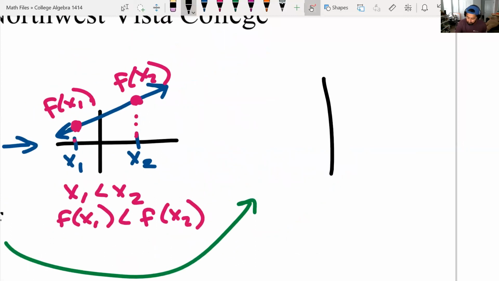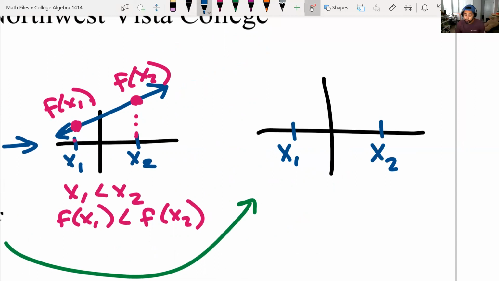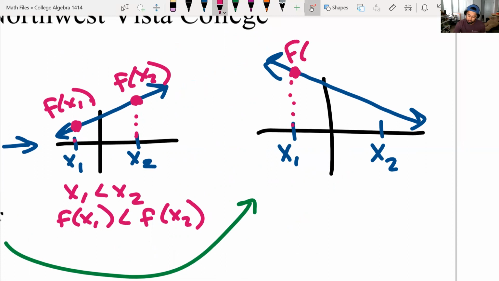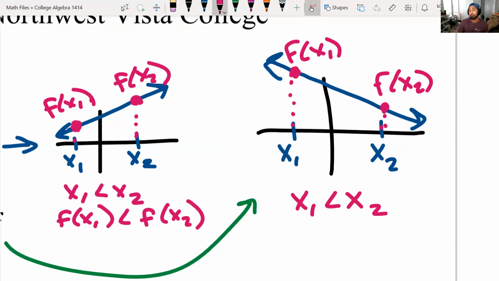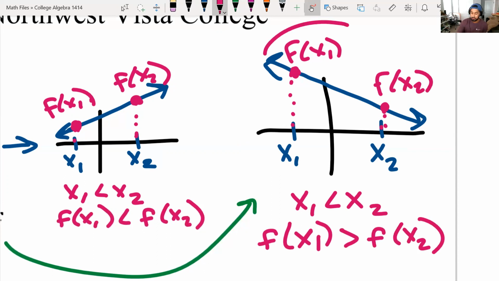Once again, plot it, x1, x2, and if we are decreasing, we would look something like this, where again, here's f of x1, f of x2, and by the definition, x1 is still less than x2, but the y value at x1 is greater than the y value at x2, which is all shown here.